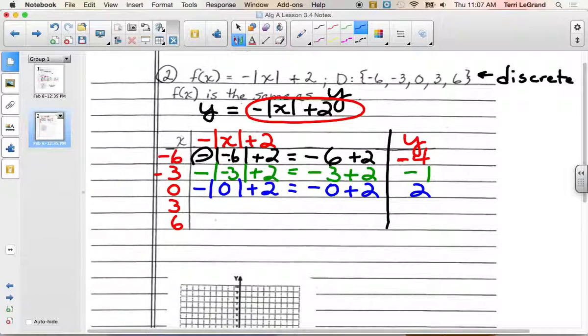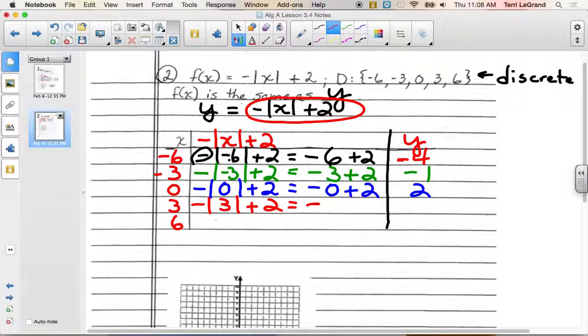Okay. This time it kind of looks like there might be a pattern going on. But should we count on it? No. Probably not. We probably should substitute in, even though you might want to say, I'm going to go with the pattern. So we substitute a +3 into those absolute value bars this time.